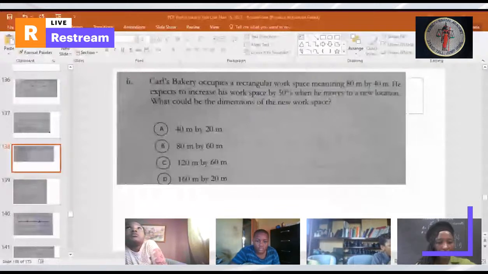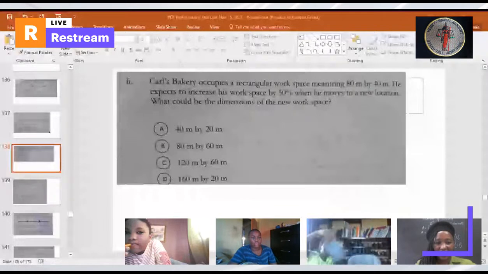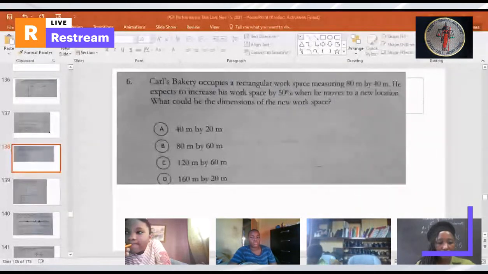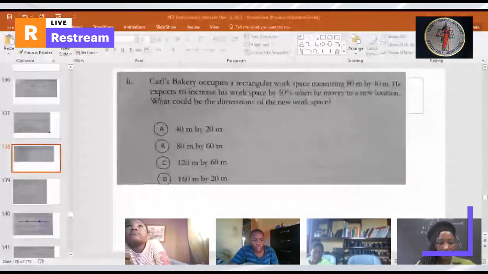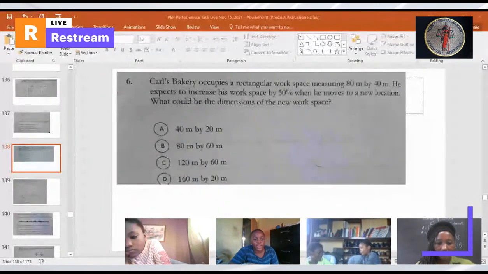When they say 40 meters by 20 meters, what are those? Miss, would that give you the area of the rectangle?